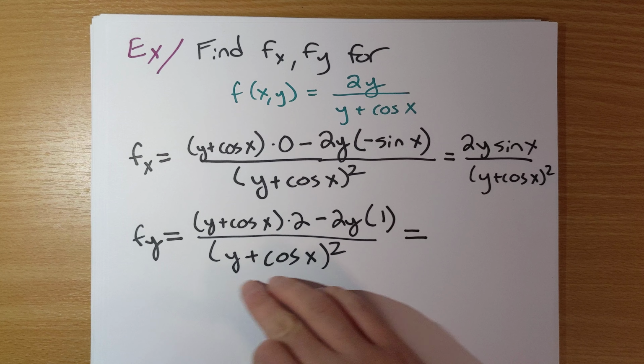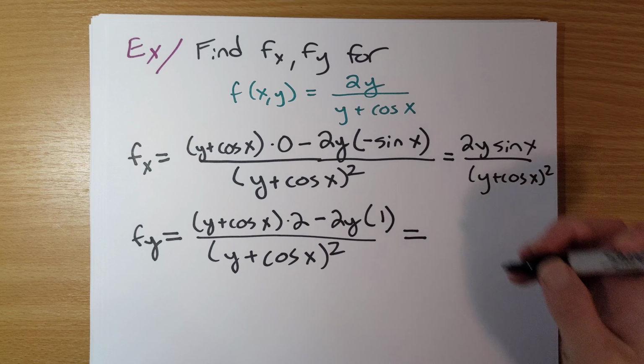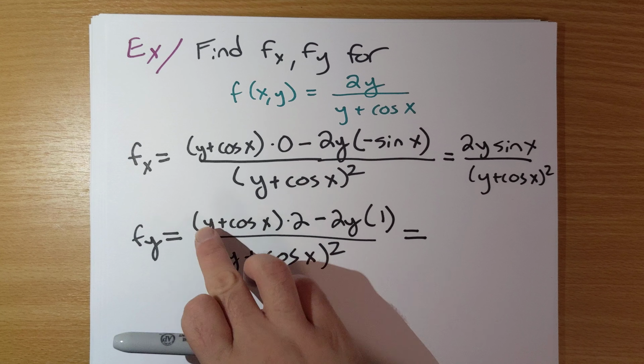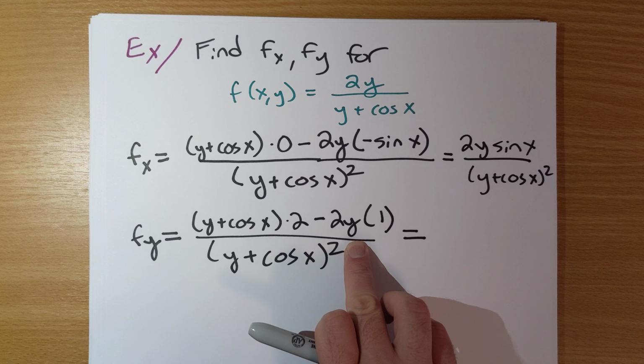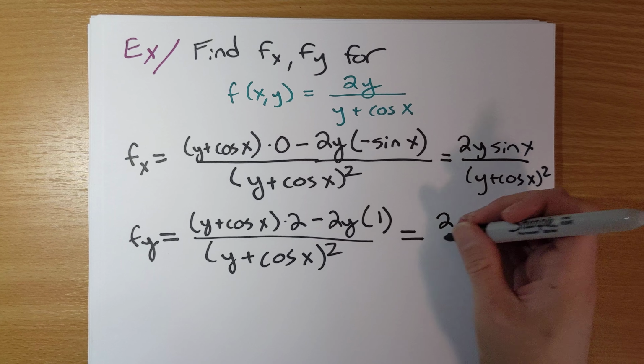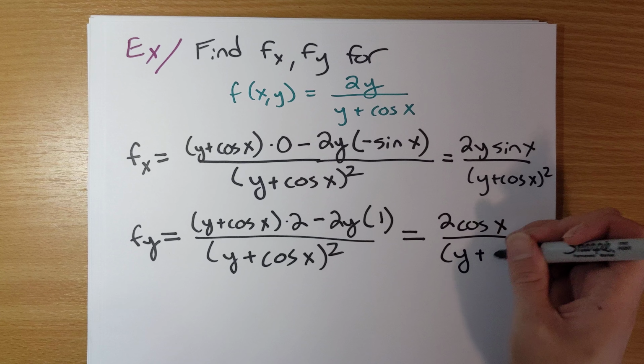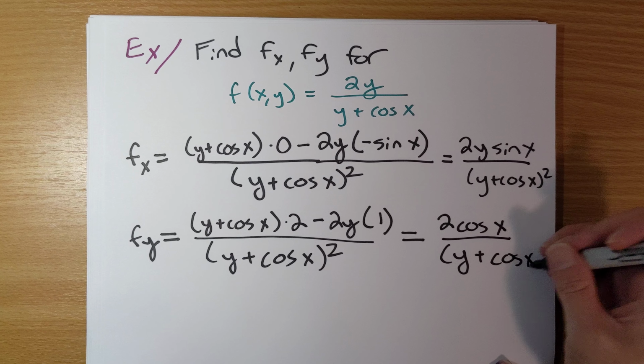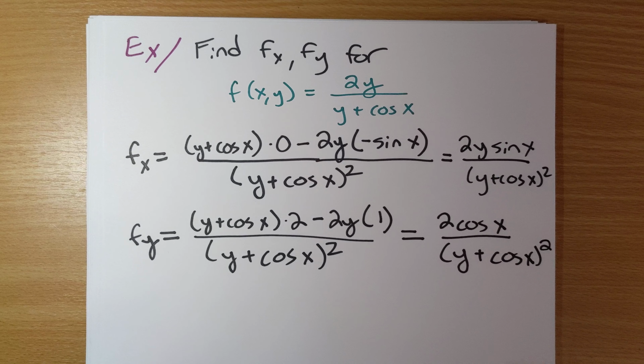Put all of this together, and there's a 2y minus a 2y, those cancel, leaving 2 cosine of x, all divided by y plus cosine x, quantity squared.